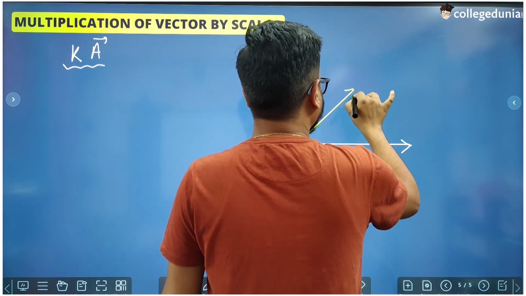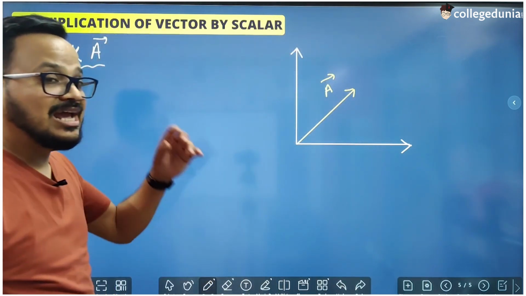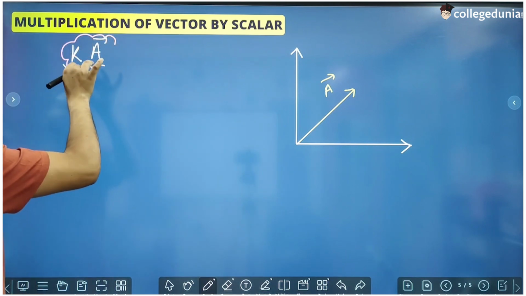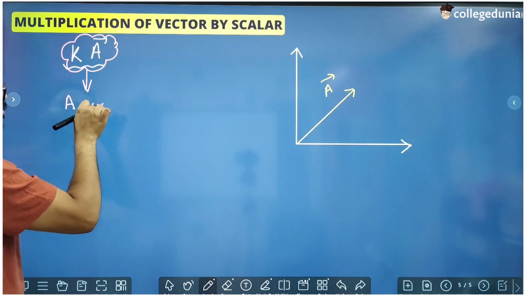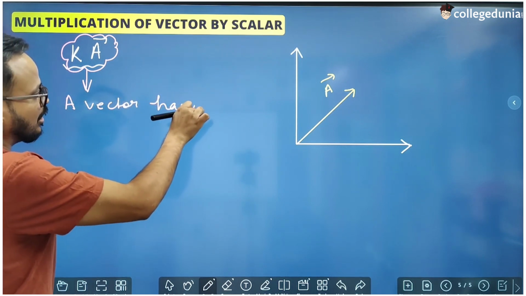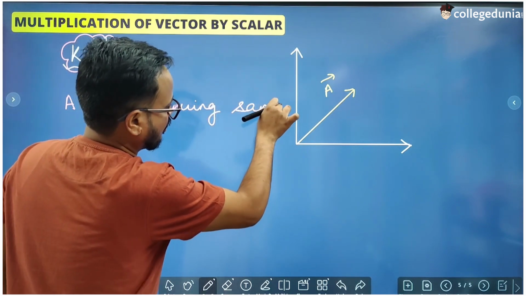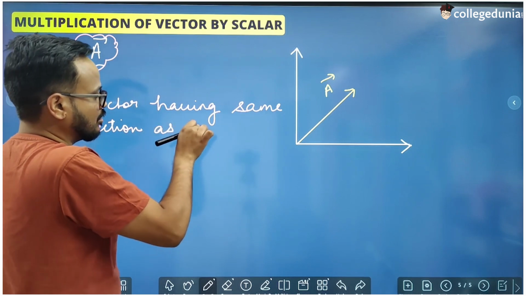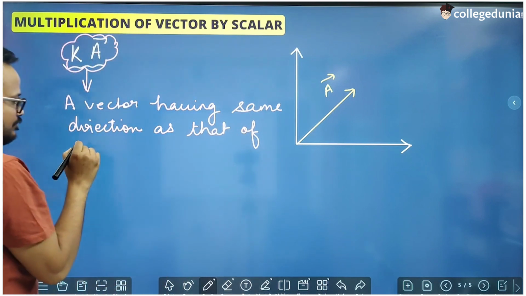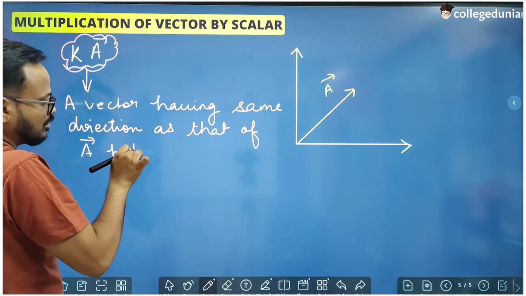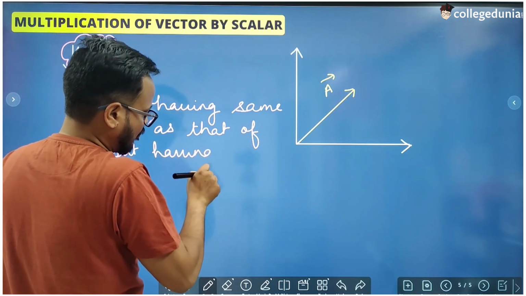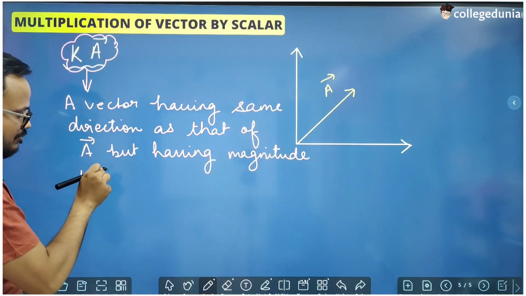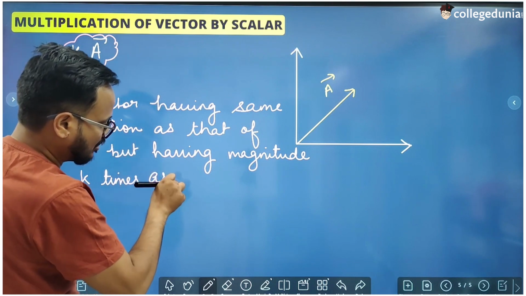This is a vector A. Now when you multiply this vector A with any scalar value k, you are going to get this vector, which is simply, just see carefully, a vector having the same direction as that of A, but having magnitude k times as A. Got my point?